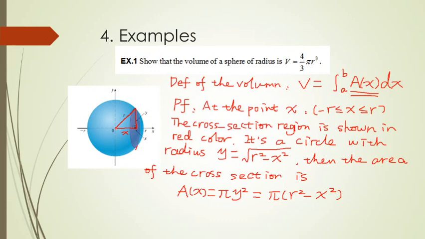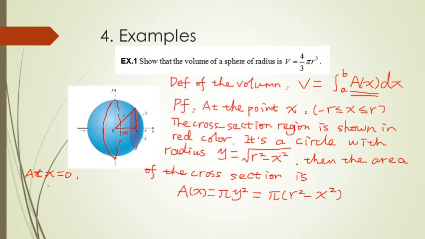For example, at x equal to 0, you can cut a circle looking like this one, right? You can get a cross section area. That is the largest circle.